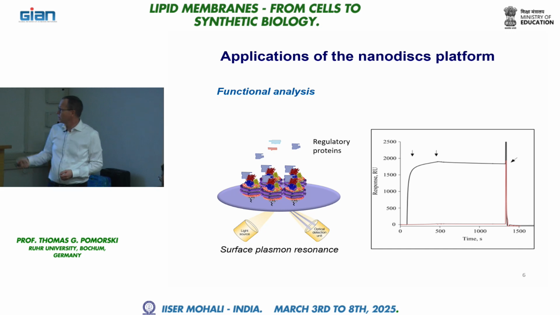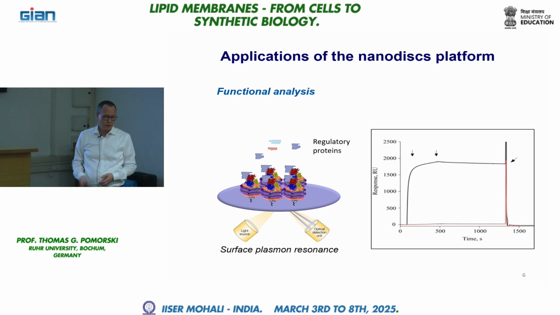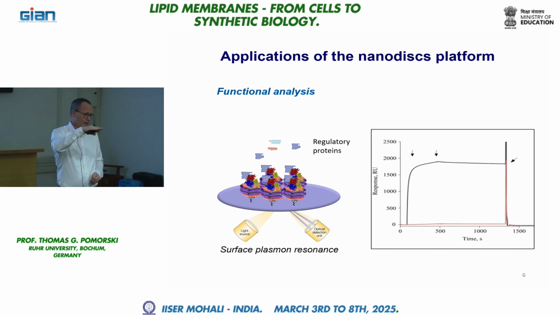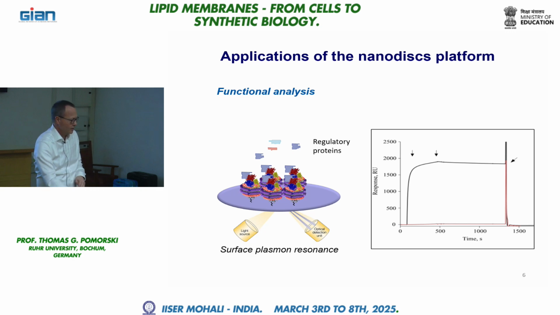And what we are using here is surface plasmon resonance. So what you use is basically light to excite electrons in a surface, and that gives an electron wave on the surface. This wave is very sensitive to whether something is attached here or not, because that disturbs the wave on the surface.